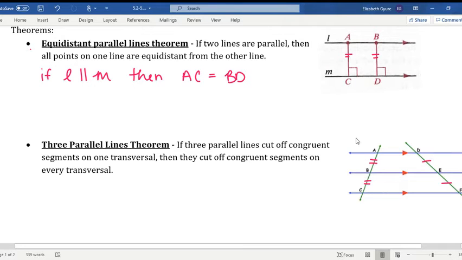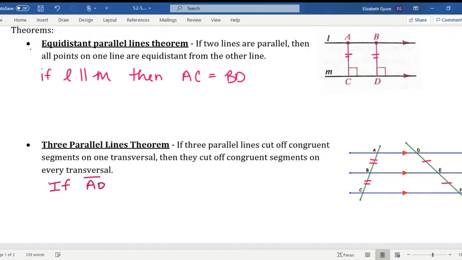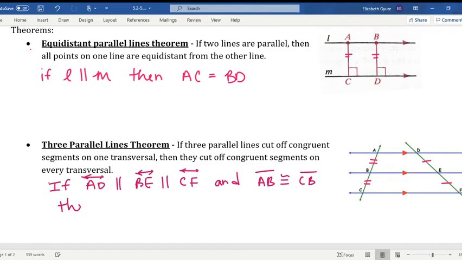And if it's going to help you later, we can write a little statement here. So here we would say if line AD is parallel to BE, is parallel to CF, and segment AB is congruent to segment CB, then segment DE is congruent to segment FE.